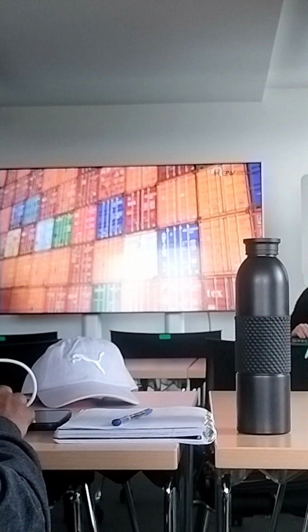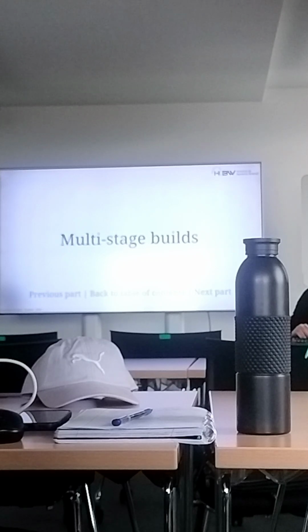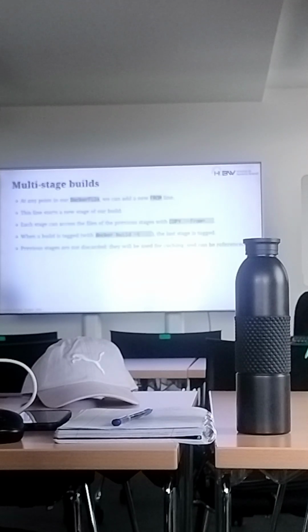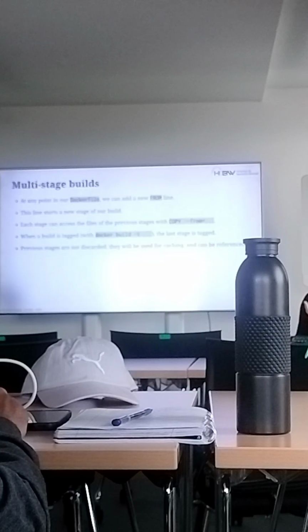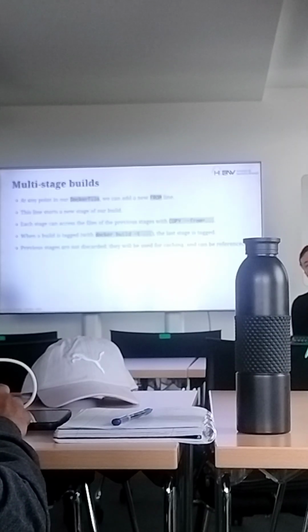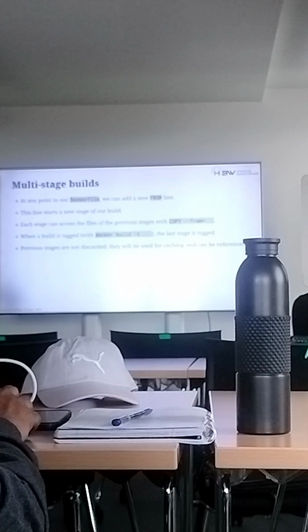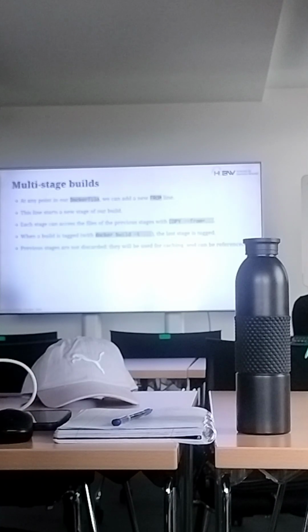Okay, let's look at multi-stage builds quickly before we finish for today. How does it work? At any point in the Dockerfile, we can just use another FROM statement, and with that, we start a new stage for our build. We can use the COPY statement to copy files from a previous stage into our current stage.